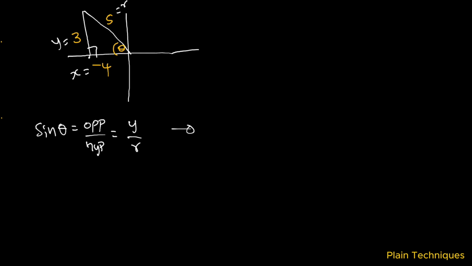Now, there's a concept called the reciprocal. What it means is the reciprocal of the trig functions, or trigonometric functions. Now, a reciprocal for sine, right, is known as cosec theta.